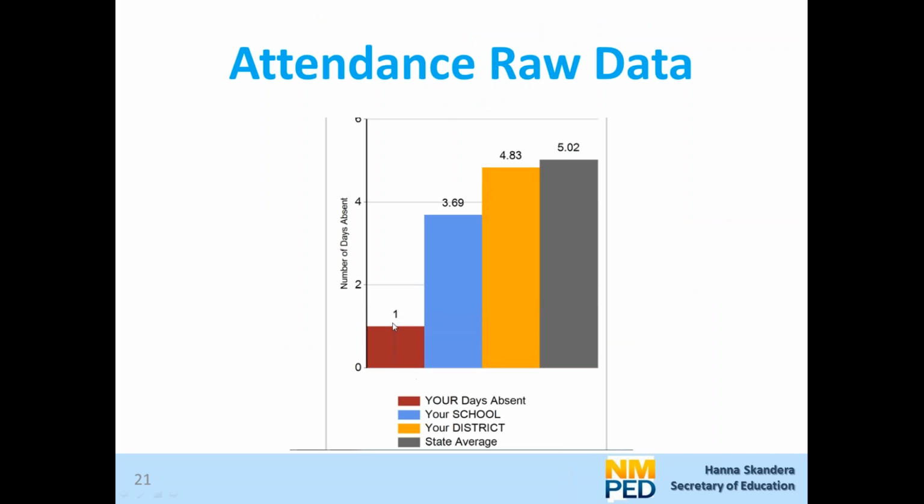So as you can see, that teacher had 100% or 10 out of 10 points out of attendance, but they still had 1 day absent. So if your teacher is missing more than 3 days, then all of their absences will be counted against their attendance points.